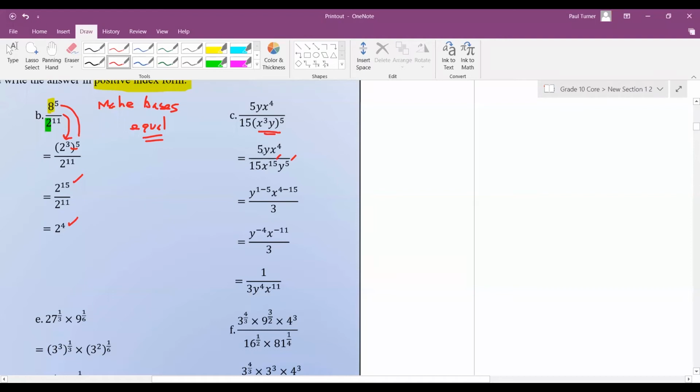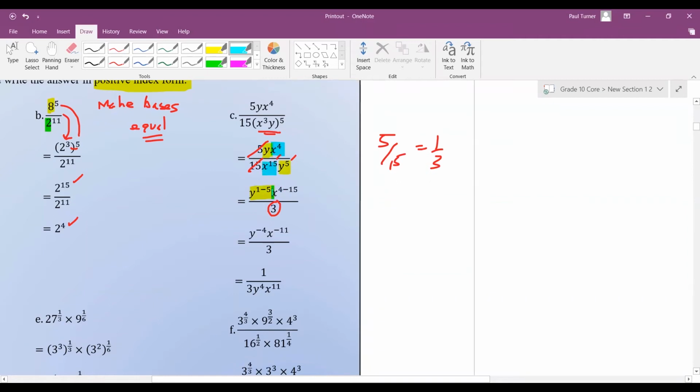Then the 5 and the 15 cancel to give 3 in the denominator. 5 on 15 is 1 on 3. Okay, then we've got y, and then y to the 5. So this is y to the 1 minus 5. Just bring the 5 up, and 1 minus 5, and x to the 4 here.